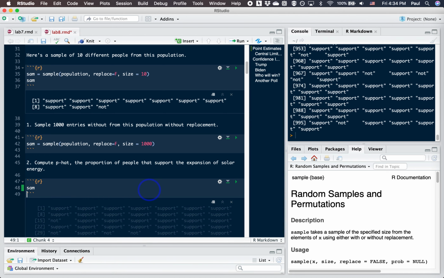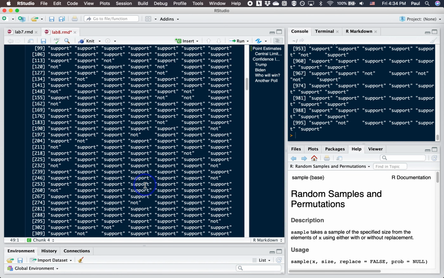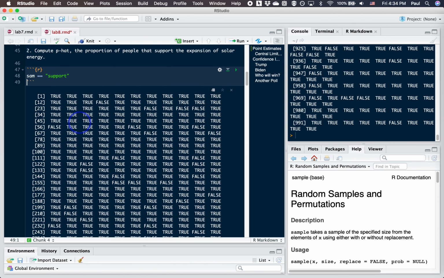If you look at sample, it's just a lot of data. That's not really interesting. But I could say, how many people in my sample equal support? If I do this double equal sign, that's a fancy way of saying which entries of this variable are support. It gives me true for the people that support it. If I take the sum of this, it adds up all the true, not the false.